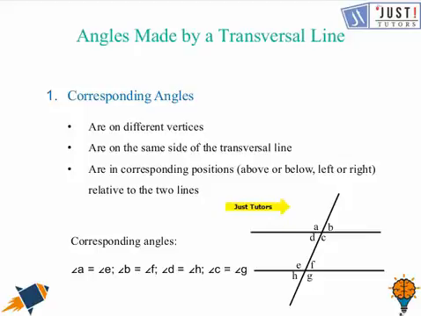So like angle A and angle E, these two are corresponding angles. Angle B, angle F are corresponding angles. Angle D, angle H are corresponding angles, and angle C, angle G are corresponding angles.